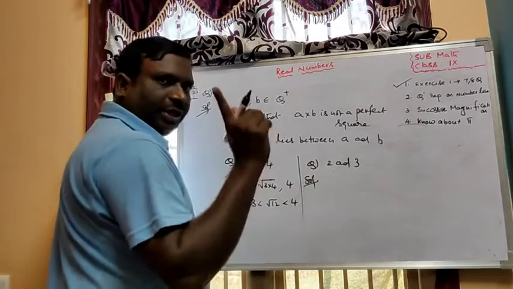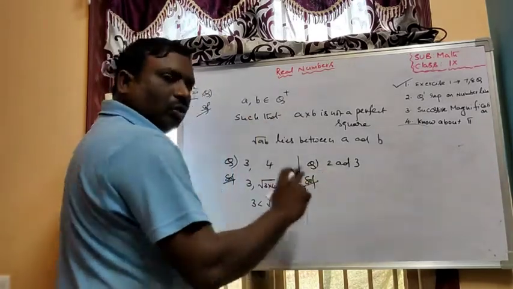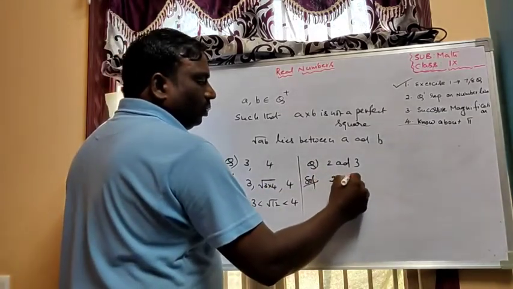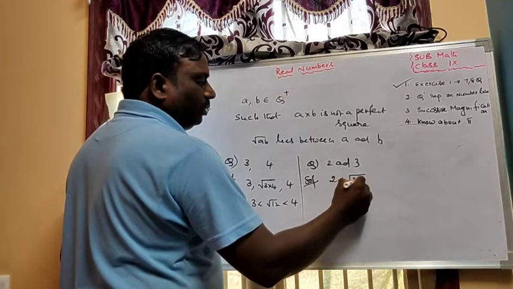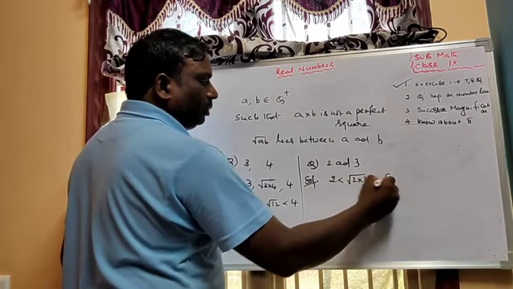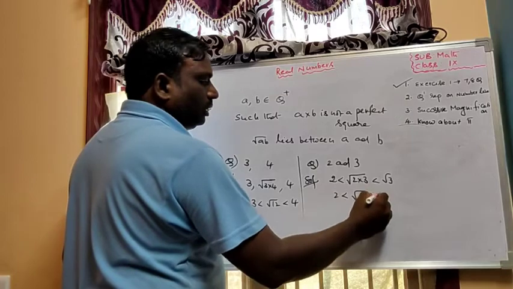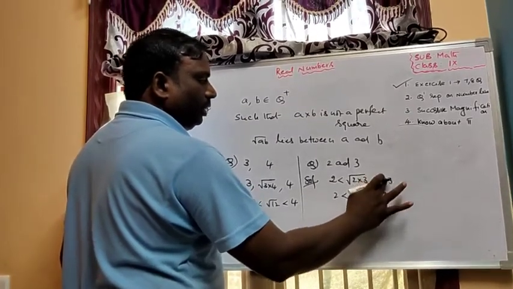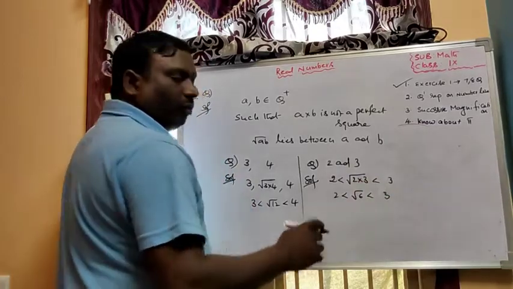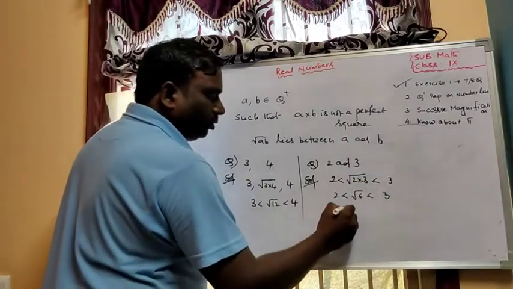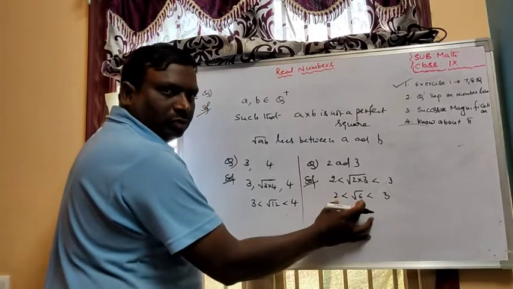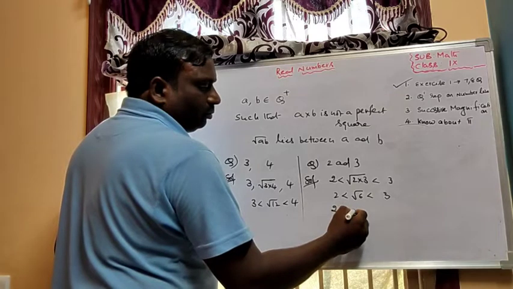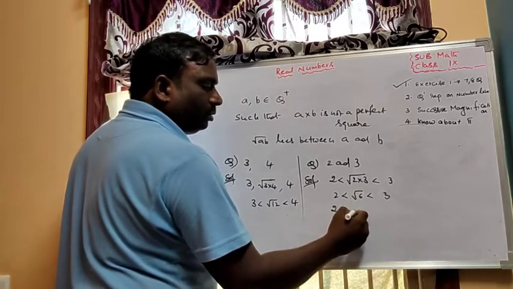First, I am finding one irrational number between 2 and 3. 6 is not a perfect square, that's why you can take 2 is less than root 6, which is less than 3. Now one more irrational number, in between these two I'm finding.